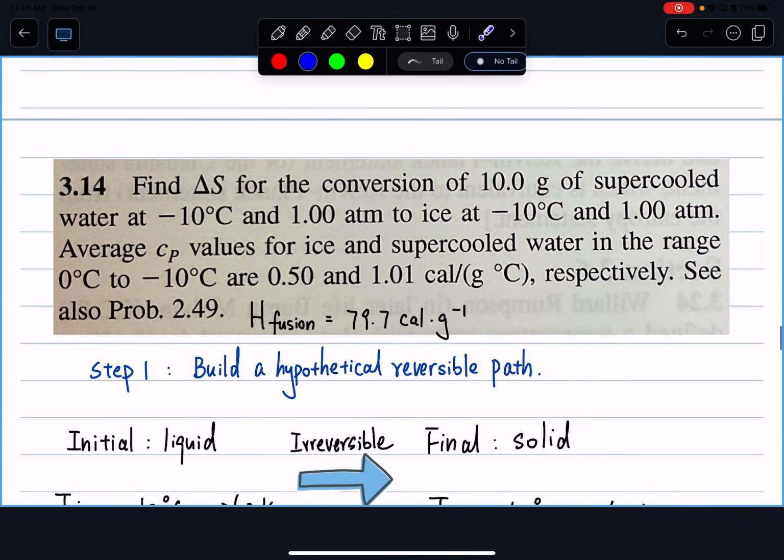Now, if you think about your supercooled water at negative 10 degrees Celsius, once it goes to ice, because the temperature is lower than your melting point, it can't go back to its original state. Likewise, if you have 200 degrees Celsius liquid water, which is super hot, the transformation of that super hot liquid into vapor is also irreversible.